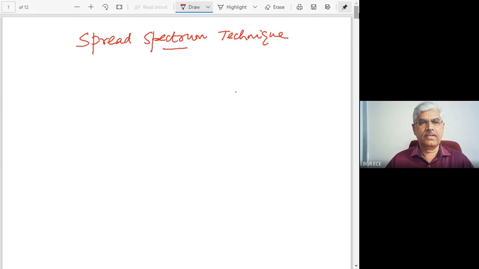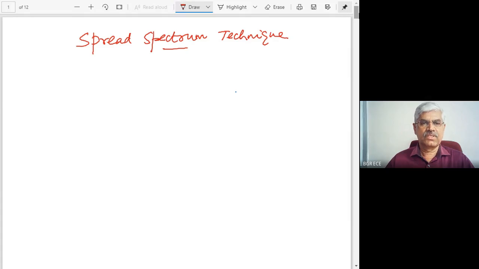But suppose somebody intentionally generates a noise and transmits in the band of your interest, or somebody introduces intentionally some other waveform to collide with your waveform in the transmission, then in that case, the conventional modulation schemes cannot detect such interferences and cannot provide you with the required quality of reception. So you need special techniques in communication in order to deal with such impairments.